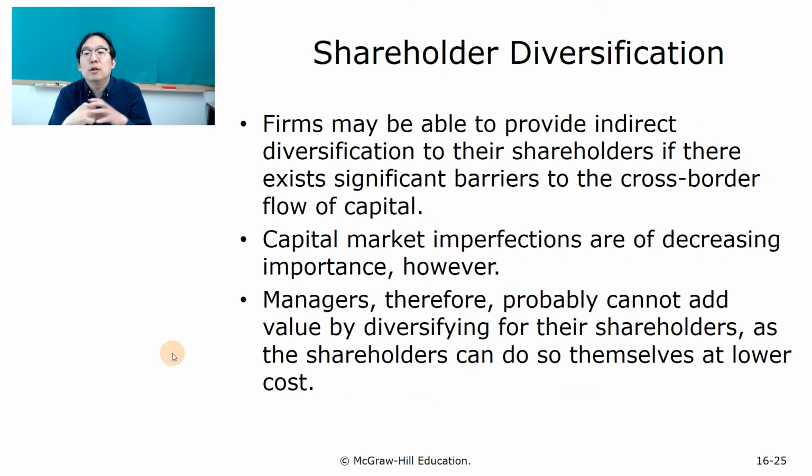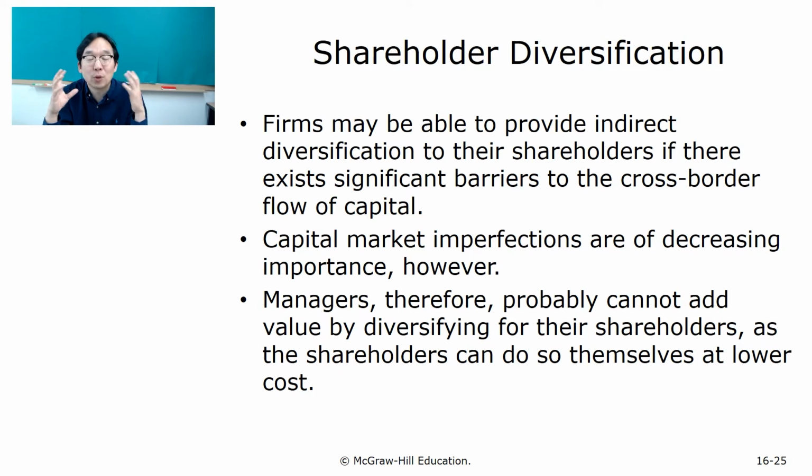Anyway, the shareholder diversification, firms may be able to provide indirect diversification, right? This is the fourth reason or fifth reason, right? Shareholder diversification is the reason. Portfolio management reason, right? Idiosyncratic risk gets reduced. I mean, you don't have to worry about idiosyncratic risk, okay? It doesn't mean that idiosyncratic risk itself disappears, but you don't have to worry about it.